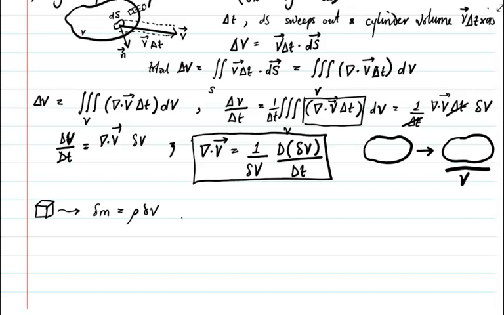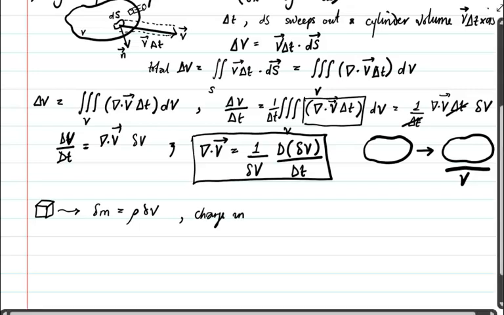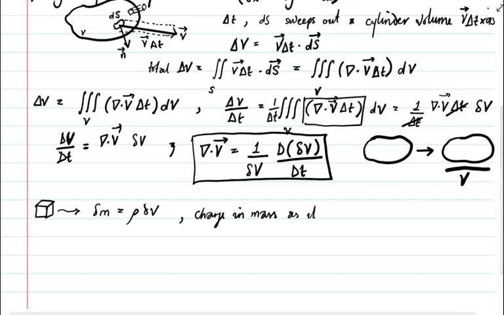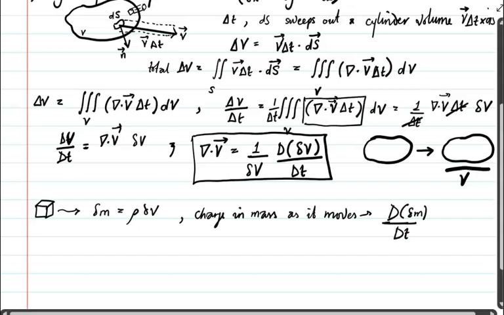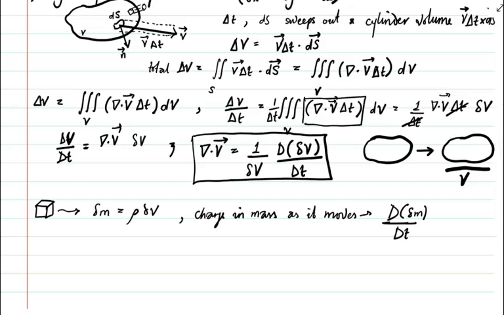Then the change in mass as it moves can be seen to be dm/dt. The capital D is called the substantial derivative, or total derivative.